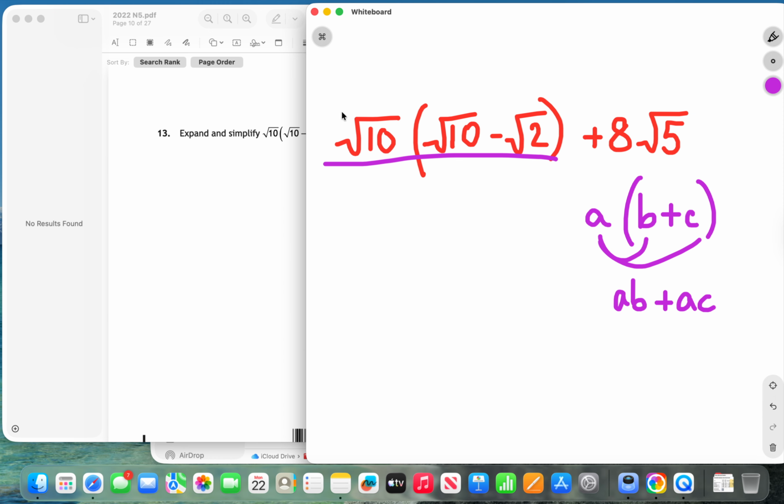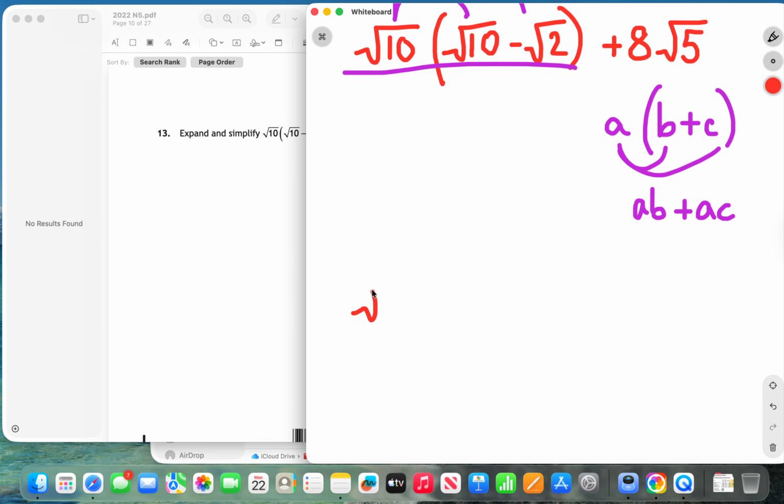So the idea is the number outside of the brackets you multiply by the first one, then you multiply by this, watch the negative sign, and you add. So let's write this out.